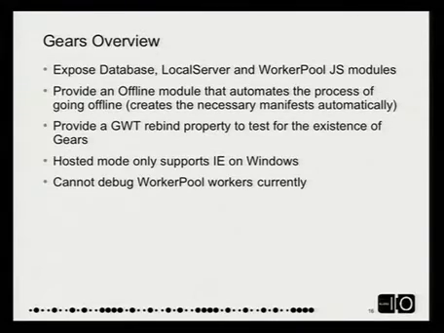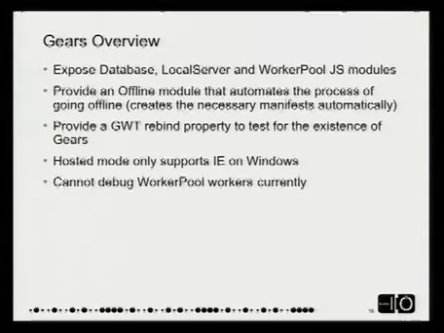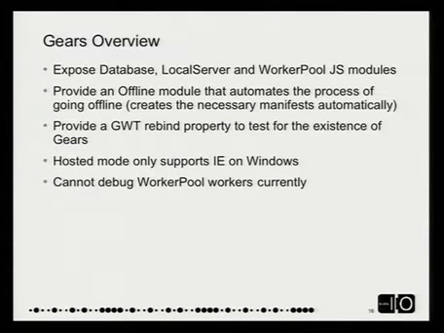So you don't have to worry about building up your manifest. If you've done that, it's kind of a laborious process because you've got to list every single file or resource that your application uses. And if you're using GWT, you'll see that there are these strongly named files, and it's impossible to predict what their names are going to be. So it's kind of a nice little feature. We also provide a rebind property as part of the Gears API support.